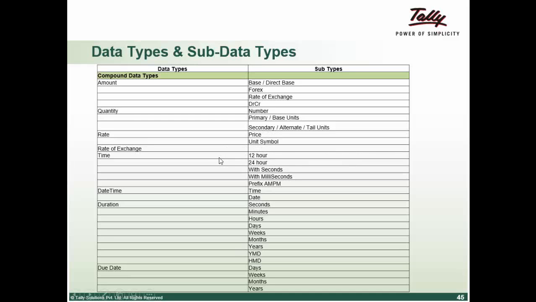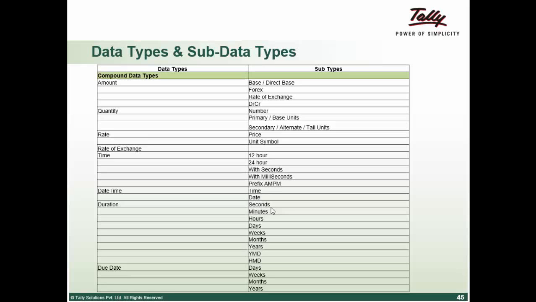Then we have a data type called time, which can be 12-hour, 24-hour with seconds, without seconds, prefix, AM, PM. Then we have date and time, which can return time or only date. Then we have duration, which can be returned in seconds, hours, days, weeks, months, years, year, month, date, hour, minute, days.